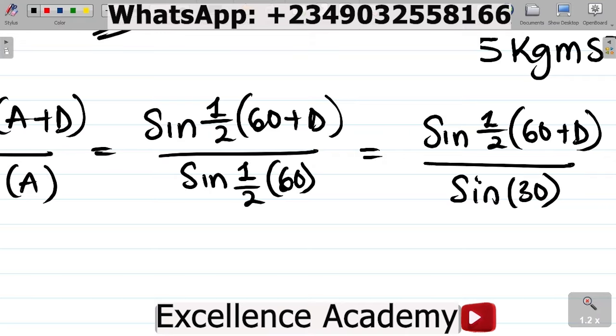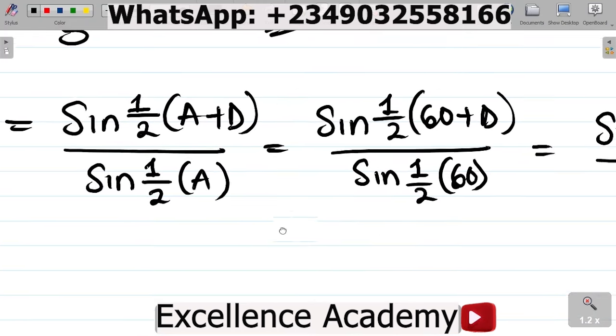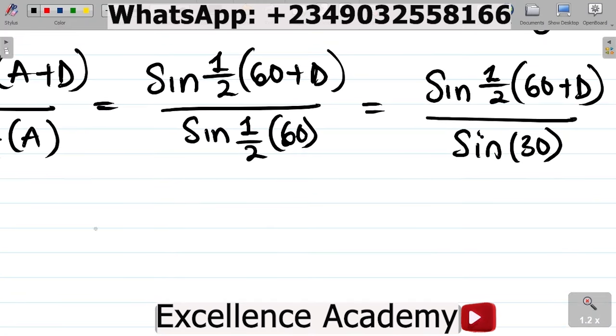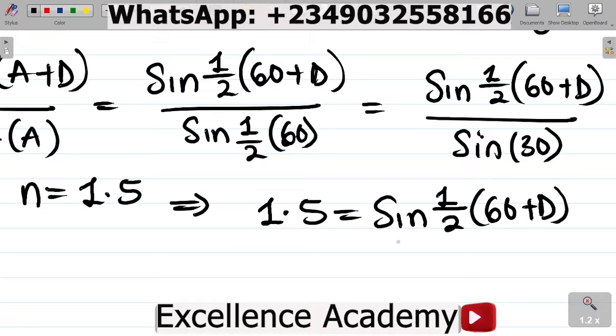So I have this as sine 30. Again, you want to note that the value of n here is a constant, right? And for the prism, the value of n is equal to 1.5. It's a constant. So what do you have there? n, which is 1.5, is equal to sine of 1 over 2 into 60 plus D all over sine of 30.